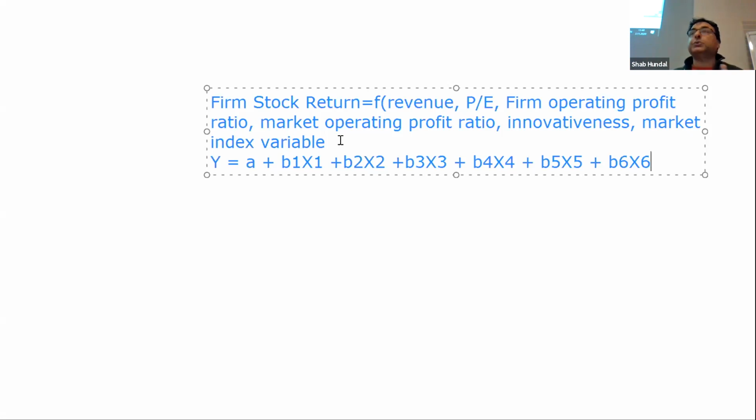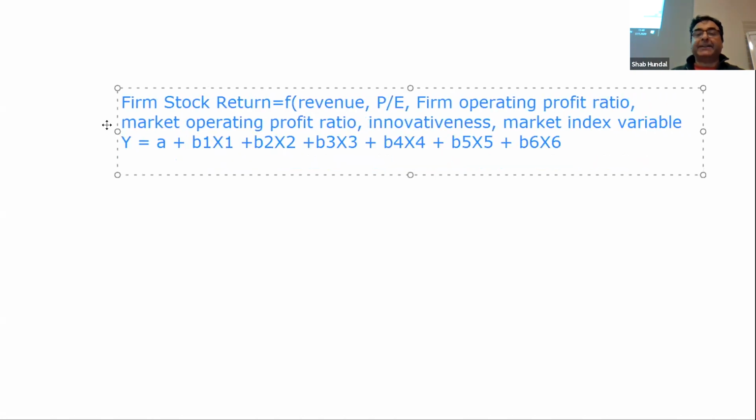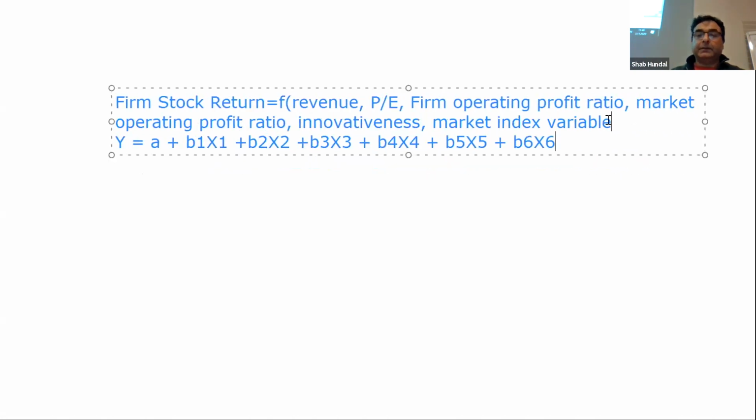How much the P to E ratio, price to earning ratio, has an impact on the stock return. Beta 6 measures how much the market index return has an impact on it. So these betas are the quantities of the impact, okay?